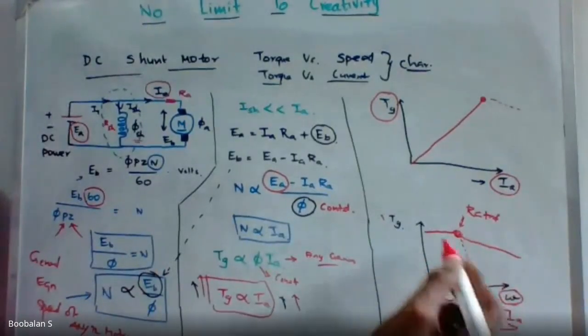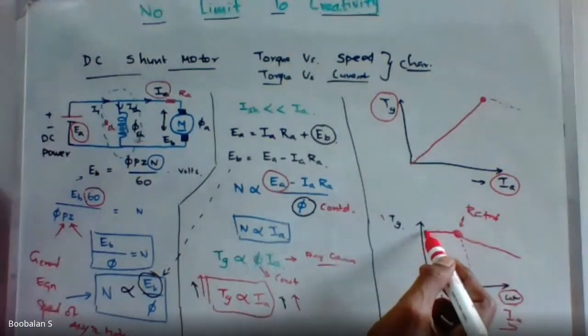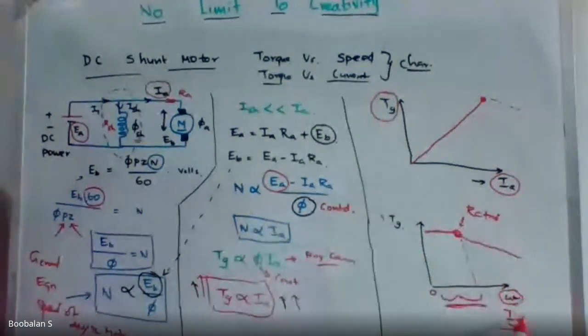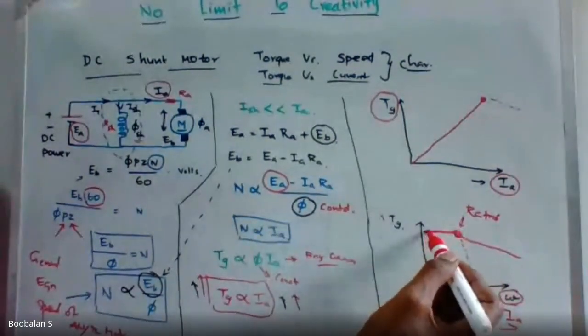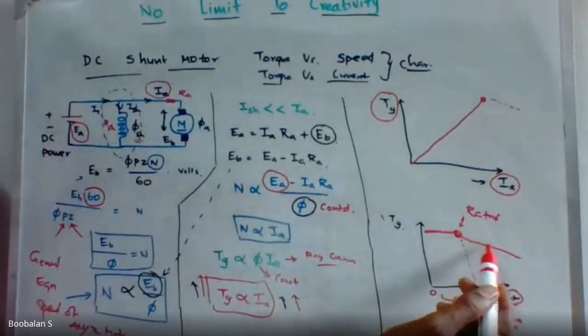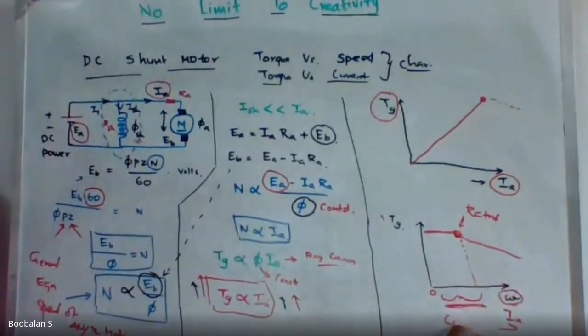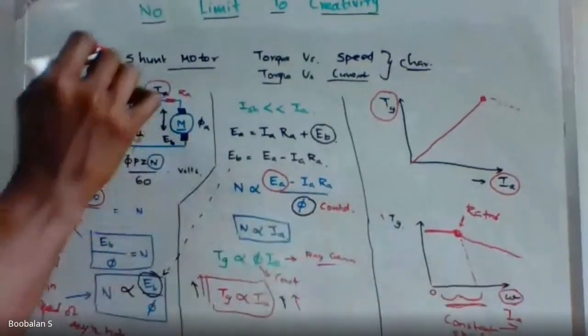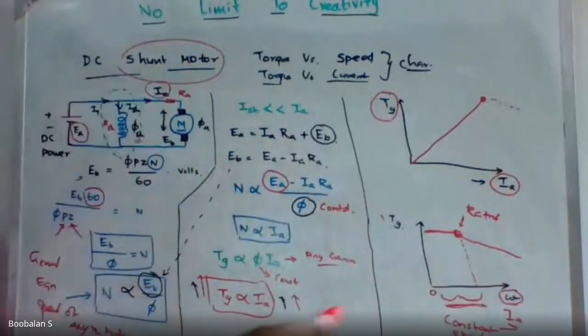In this area, the motor has a constant torque, whatever the speed as well as current, it generates a constant torque. After this operating point, it is just losing its characteristic. This is called a constant speed motor. In the DC shunt motor, we have one more name, constant speed motor, right? So this is the name.